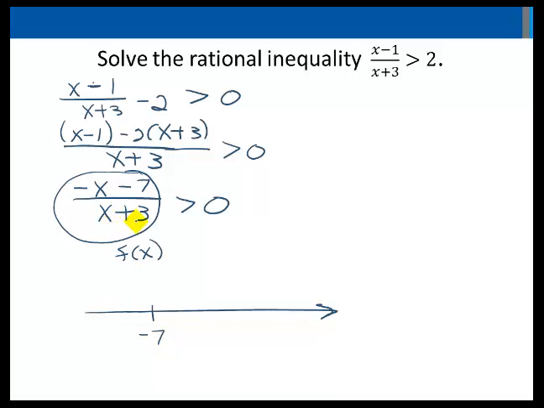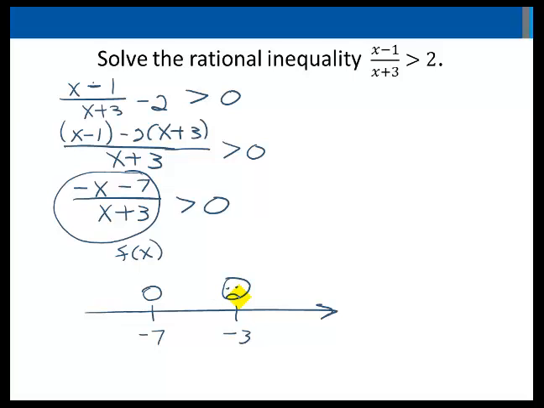And if I put -3 in the denominator for x, I would have a 0. So let's see what's going on at each of those. -7 would give us a 0 for f(x). -3 would be a problem for f(x). It would give us an undefined fraction, and so we'll put a frowny face at -3.